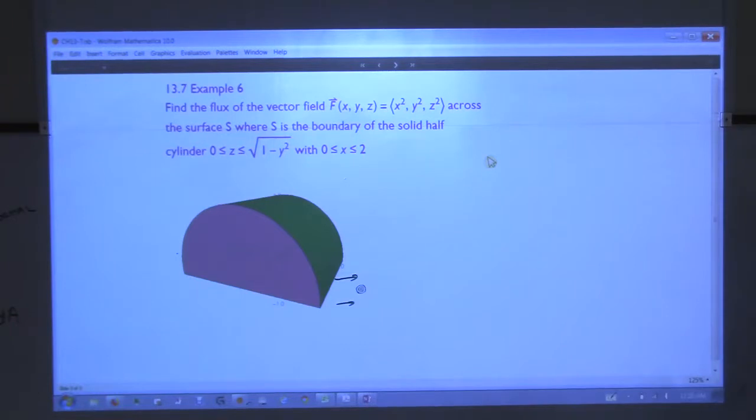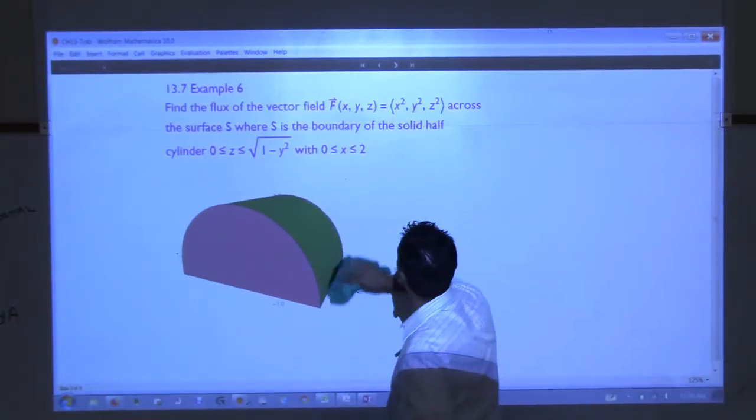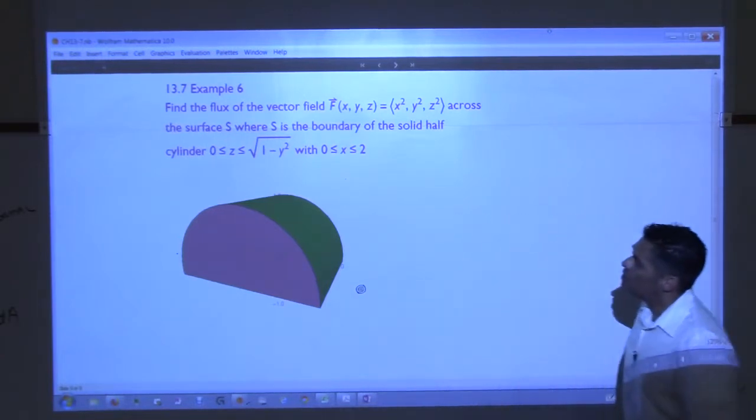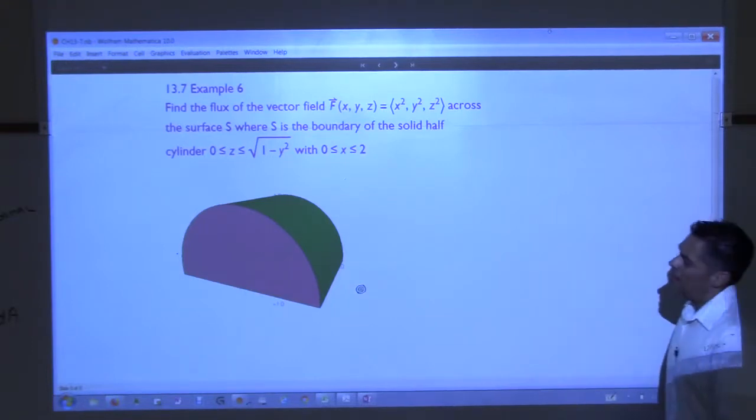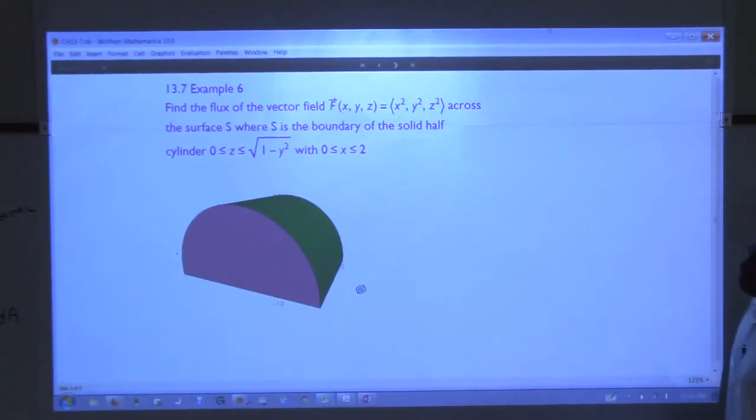All right, find the flux over the vector field. So we have a more interesting vector field, x squared, y squared, z squared, across the surface S, where S is the boundary of the solid half cylinder. Z is between 0 and square root of 1 minus y squared, and x is between 0 and 2, and it's everything in between.